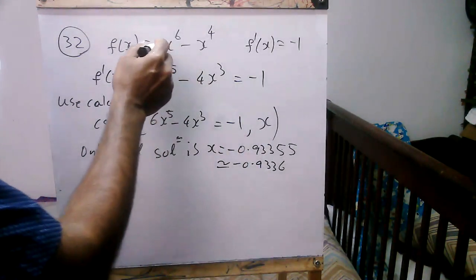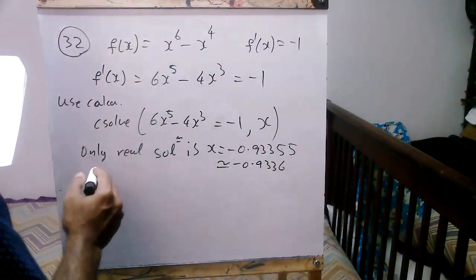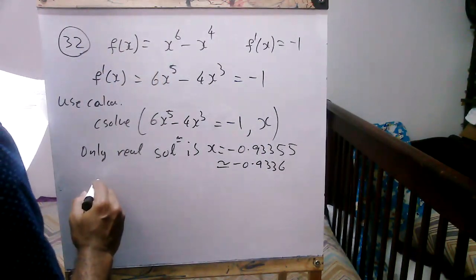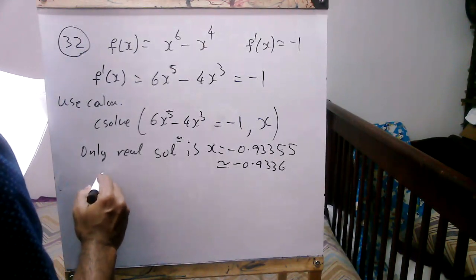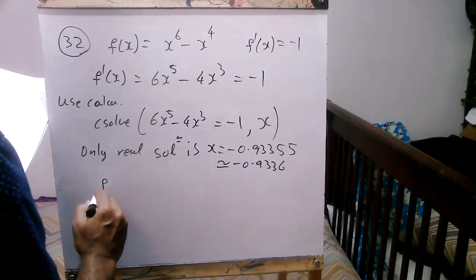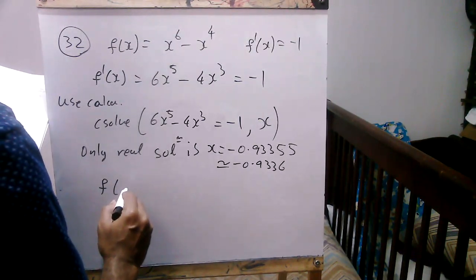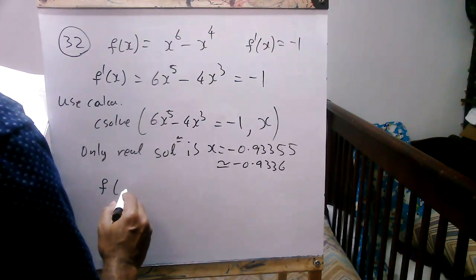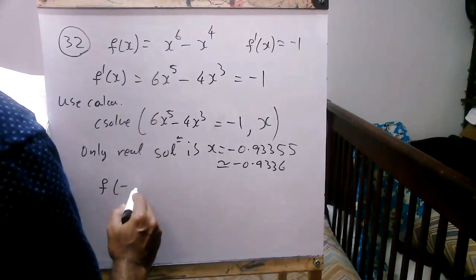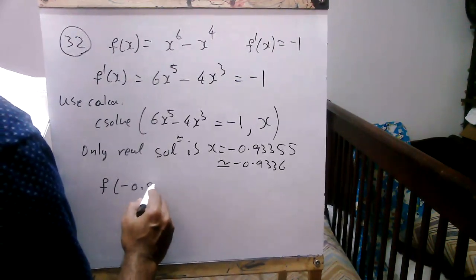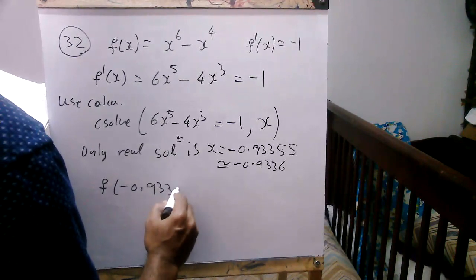Substituting this here, we can find f of negative 0.9336.